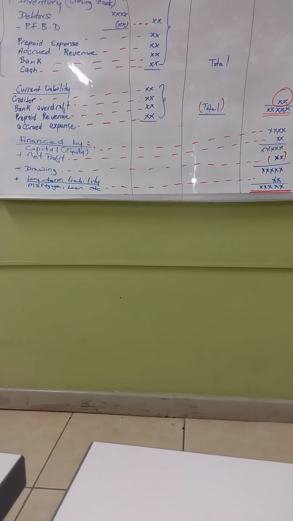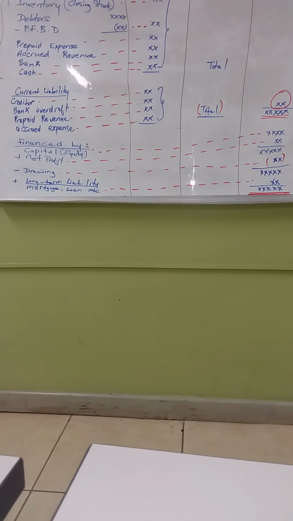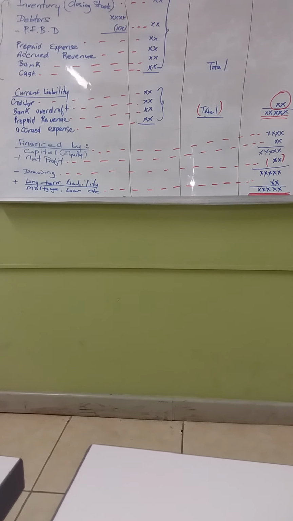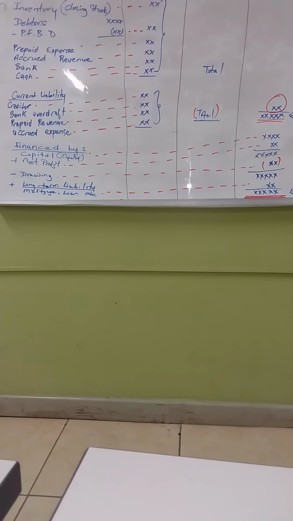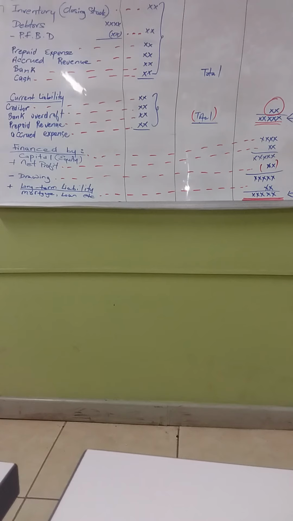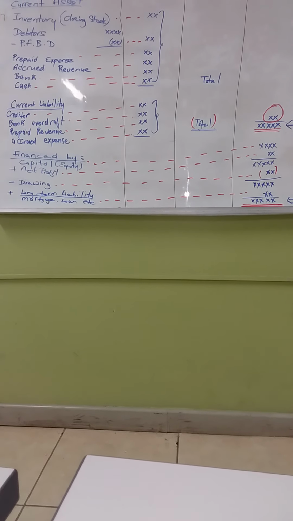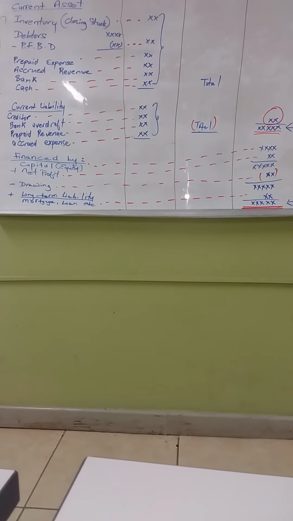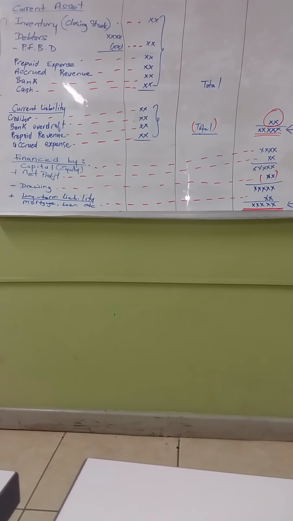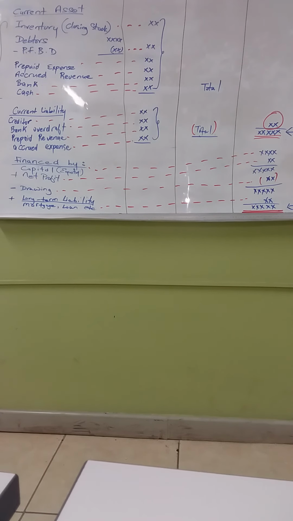Next you have accrued expense. Now remember what accrued means: anything that you owe. It's an expense that is owing. So if your JPS bill comes to $10,000, but you only pay them $9,800, the business still owes JPS $200.